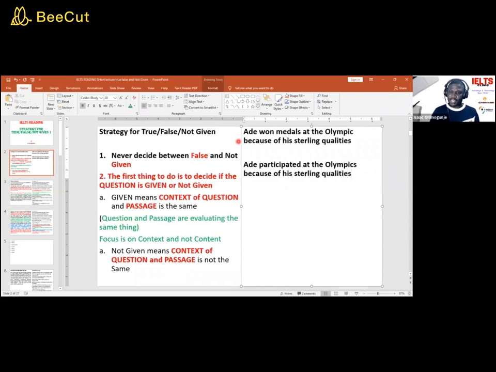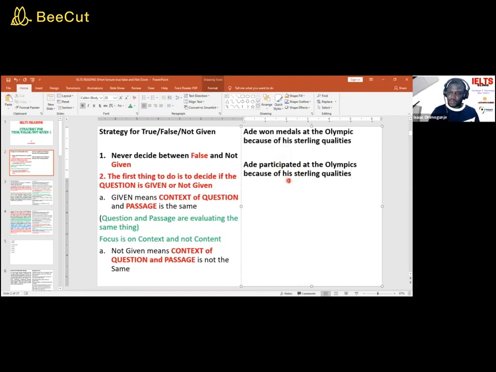You will possibly say this is false because it says he won a medal at the Olympics because of the talent qualities, and the other says he participated. The issue is whether they are evaluating the same thing. The first sentence evaluates what made him win medals at the Olympics. This one evaluates what made him qualify to participate at the Olympics.